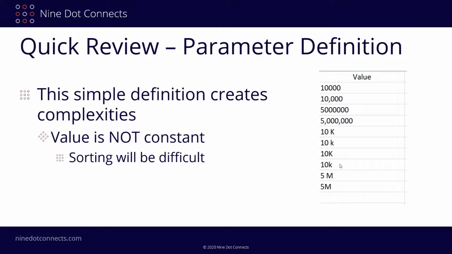And you can see that this doesn't sort very well. So can you imagine how it would be if you had a ton of different values, all with different formatting? So if we want to have our value to be consistent, we have to have a format that's consistent. It'll always show up in the same column, but if we want to sort on it, it has to be the same format. So there are some complexities that come with this very simple definition of a parameter.